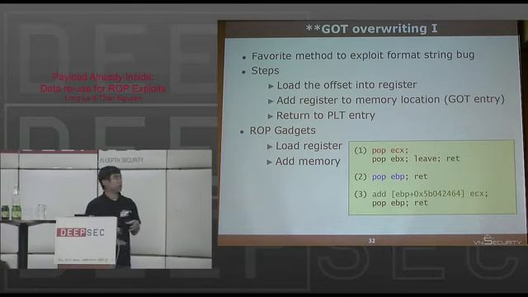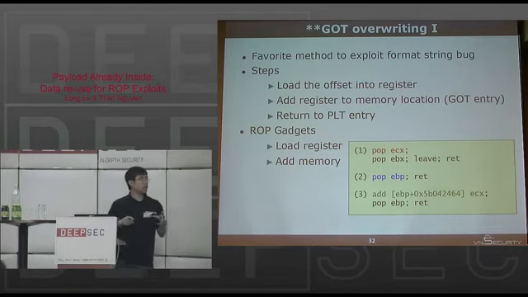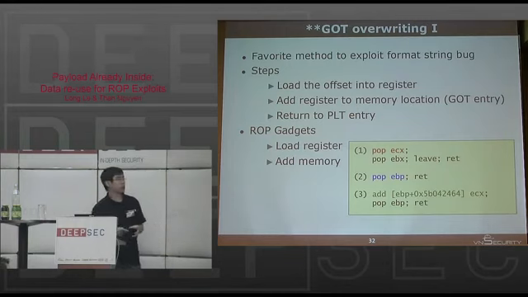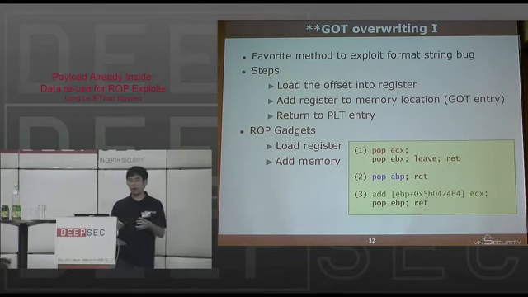The steps are basically that we load the offset into the register and add that value, which is loaded into the register, to that memory location, which is the GOT entry. Let's say you want to resolve the address of system in the libc.